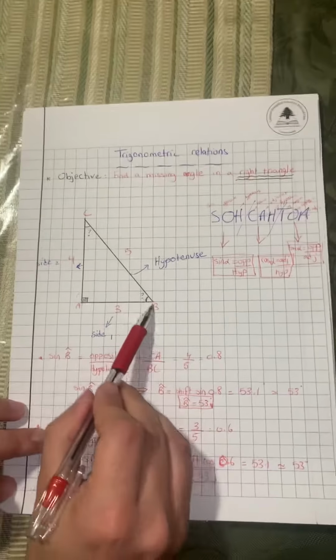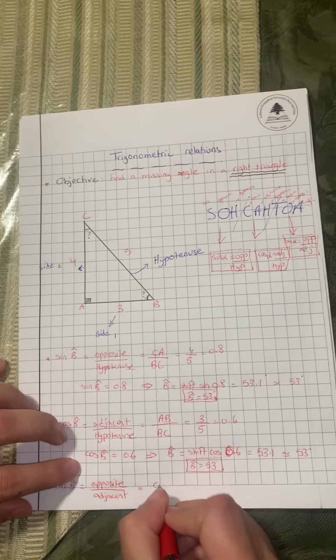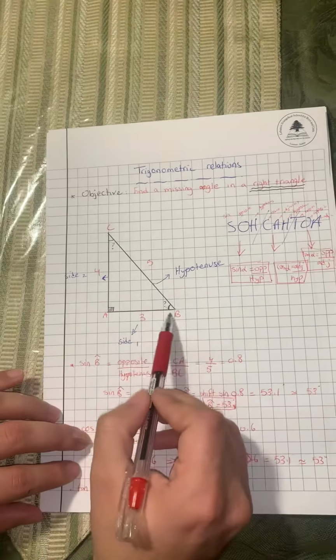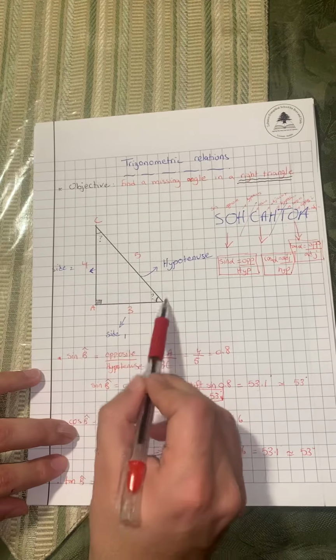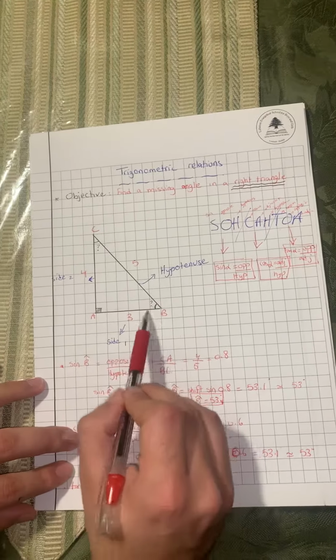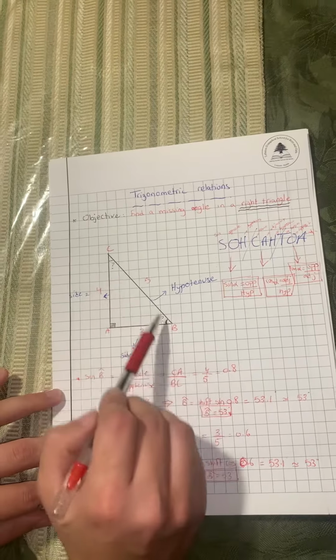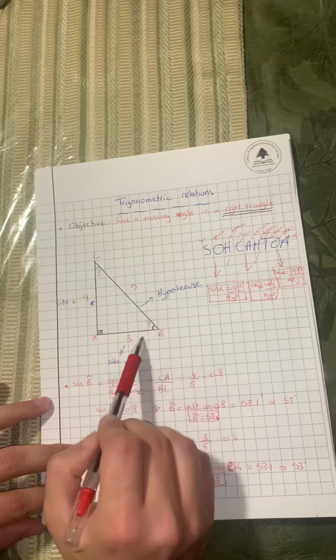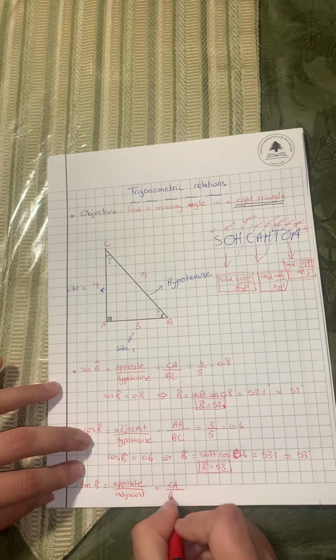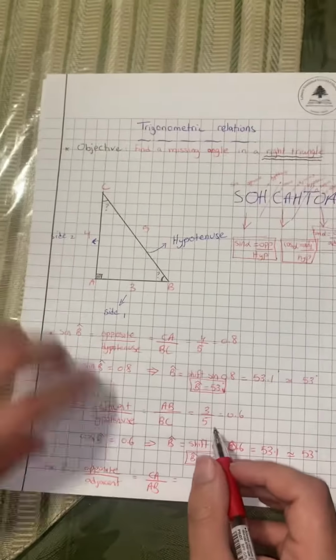Opposite to B, that is the side facing B, is CA or AC. Adjacent to B, that is attached to angle B, is AB. It's not CB because this is the hypotenuse, so obviously it will be AB. And then we replace by the given numbers.